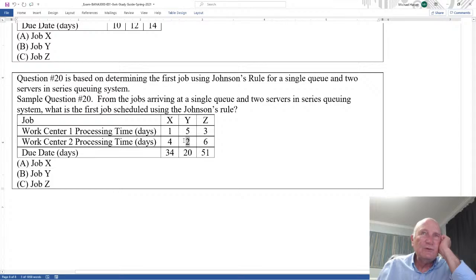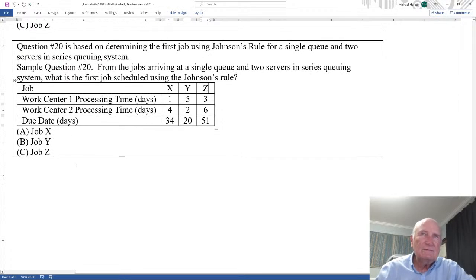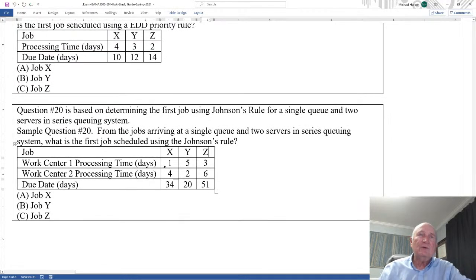And then 2, that is on the second server, so Y is going to be at the end, and then Z is in the middle. So the schedule is X, Z, and Y. X is first, Z is second, Y is last. Okay, well, that's question number 20.